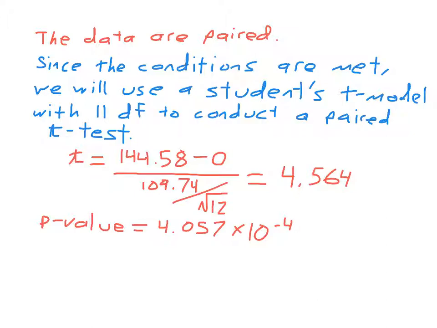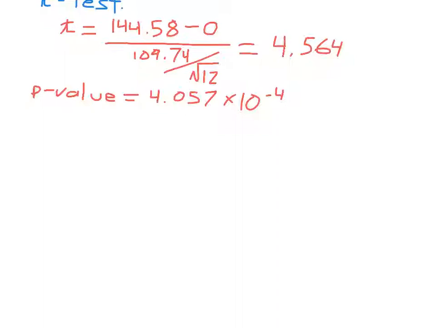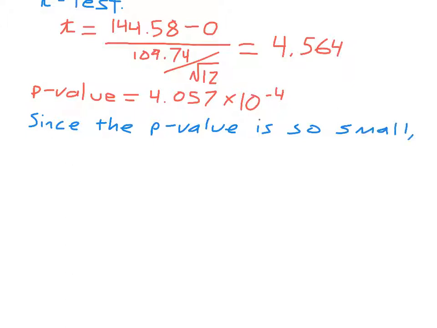So now we need to make the conclusion of our test. Whenever the p-value is small, we reject the null hypothesis, or HO.